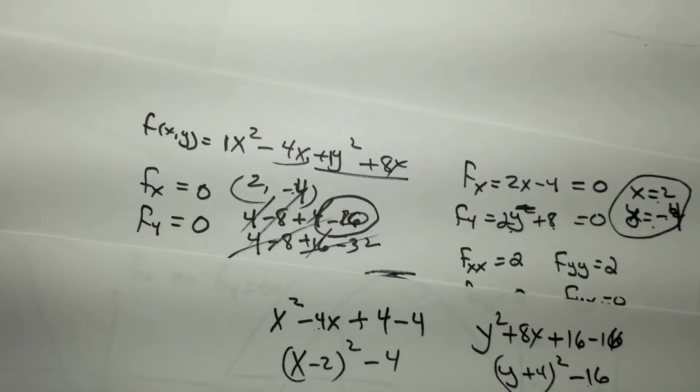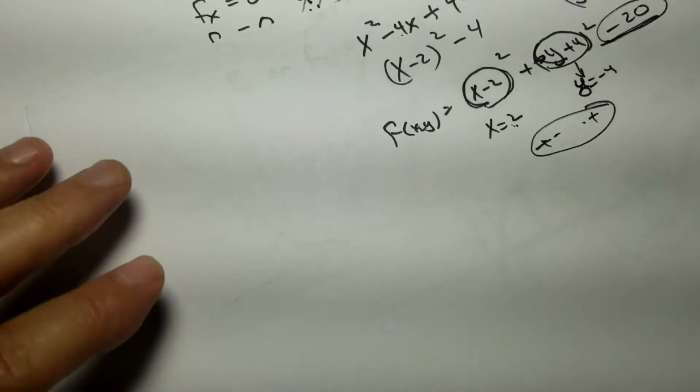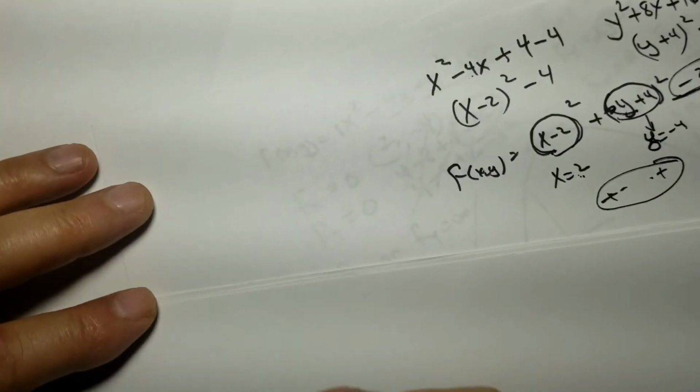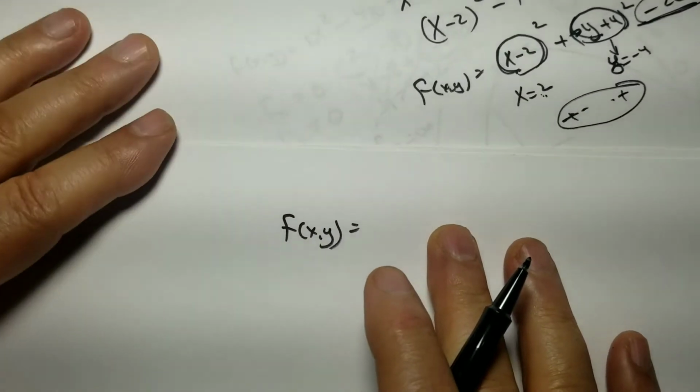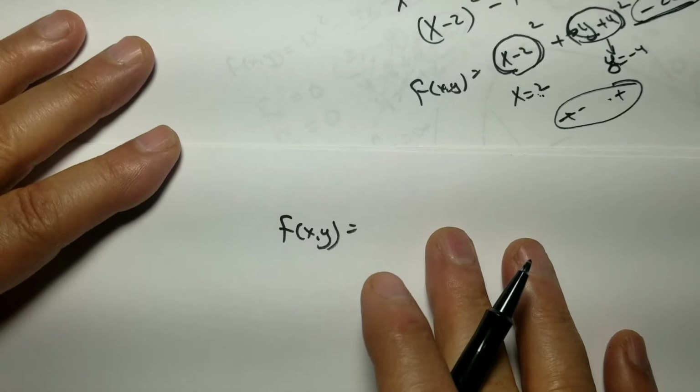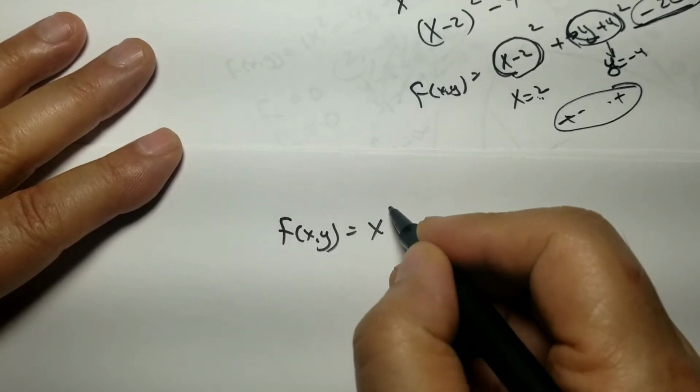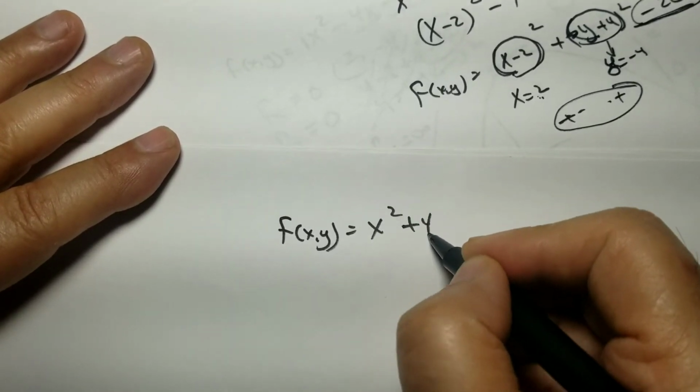But somebody said, man, that was easy. What if I come up with some examples where I cannot complete the square? Maybe f of x, y equals x squared, and I have y cubed.